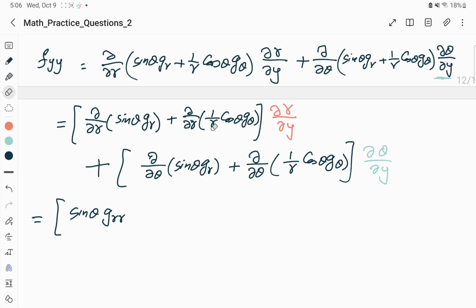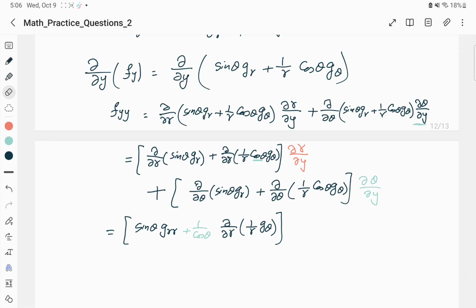And in the second expression, we notice that this cos theta is a constant with respect to r, so that 1 over cos theta will come outside, and the derivative is to be applied only on the other two expressions, which are 1 over r g_theta, and for that we have to apply the product rule, but I will be applying that in the next step. But now I write the value of this partial r over partial y, which we have already calculated, that is y over r.